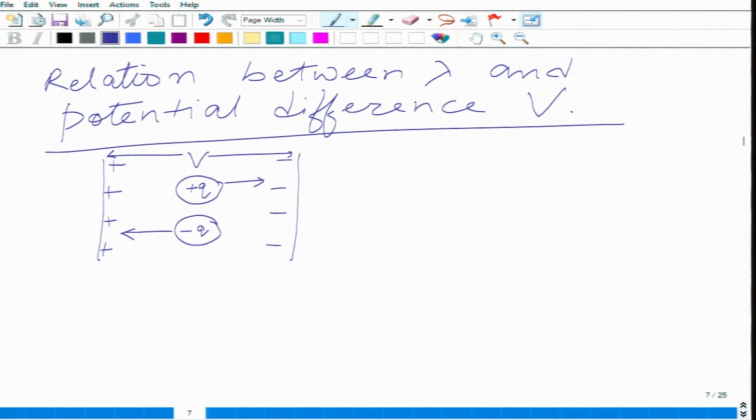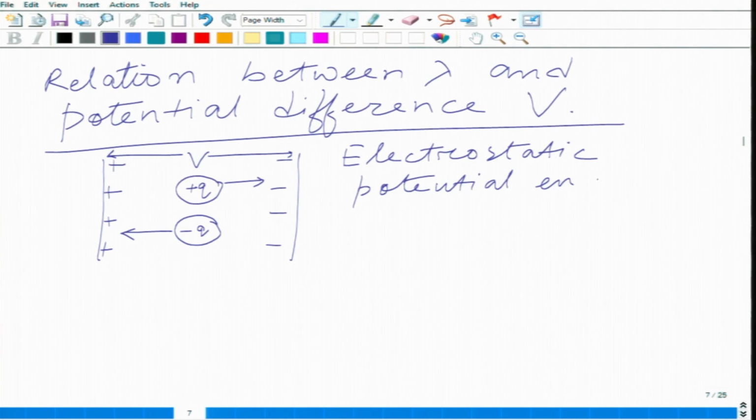So, it will give rise to electrostatic potential energy. Electrostatic potential energy is given by the product of potential difference into charge, that is, the magnitude of charge. We do not consider the sign here.